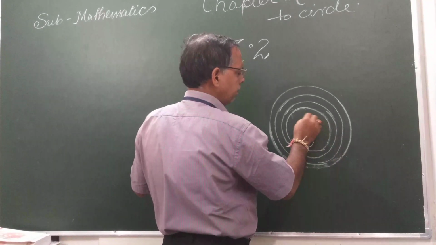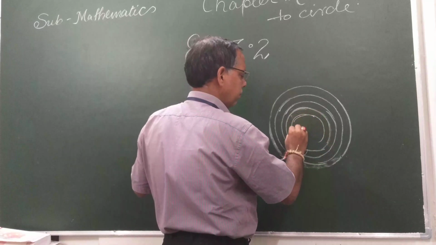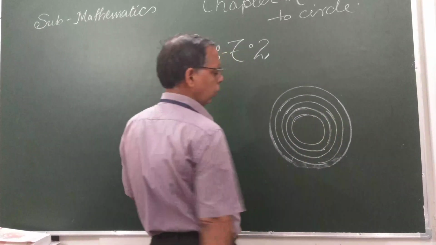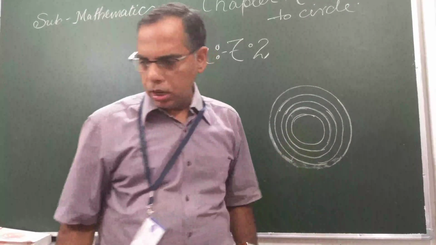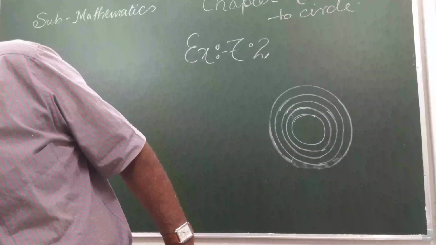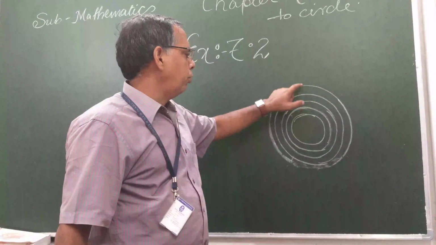This is 3. This is 4. Okay, see. How many? 1, 2, 3, 4, 5.